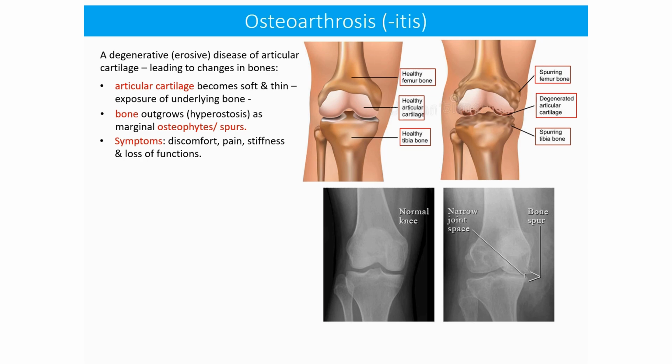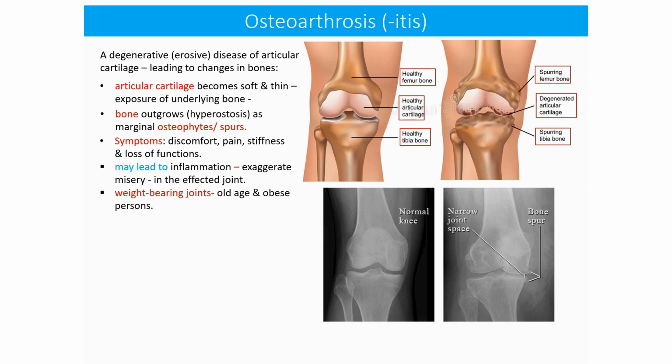The patient may complain of discomfort, pain, stiffness, and loss of function in the affected joint. Osteoarthritis may lead to inflammation with exaggerated misery in the affected joint. Osteoarthritis usually occurs in weight-bearing joints in old age and especially in obese persons.